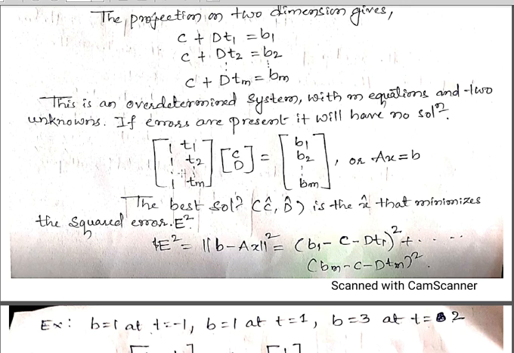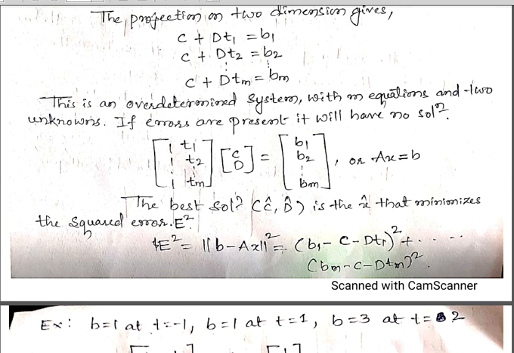So it is just like Ax = B. The best solutions, meaning the best values of C and D, are represented by C cap and D cap, the X cap that minimizes the squared error E square. Then what is E square? E square is equal to ||B - Ax||², as we already know.